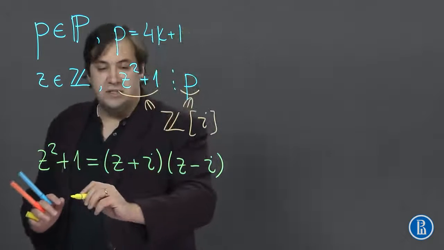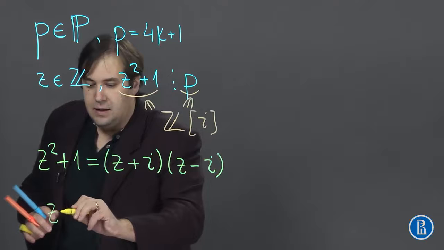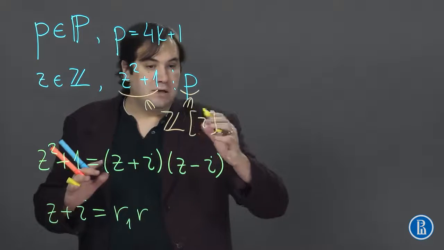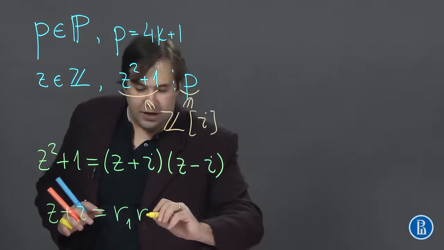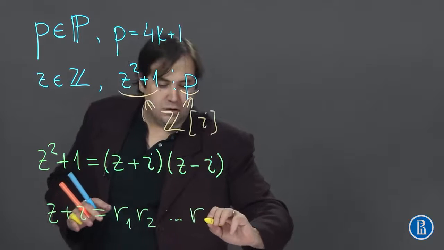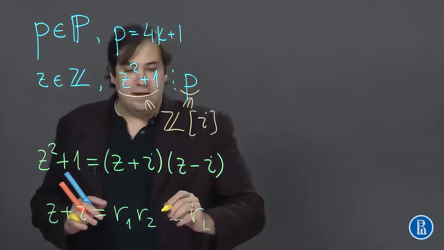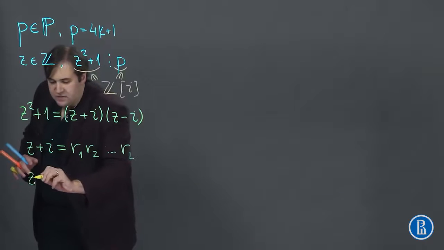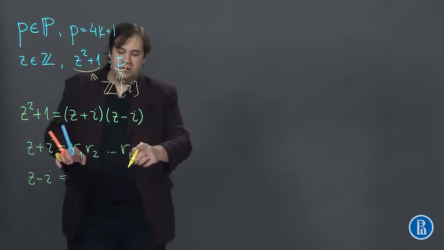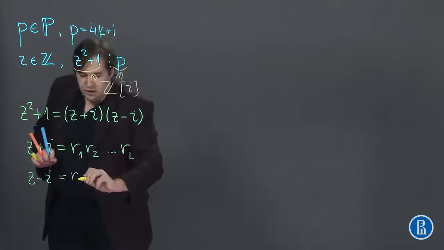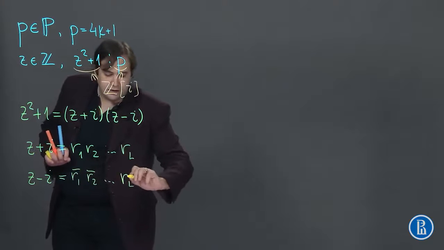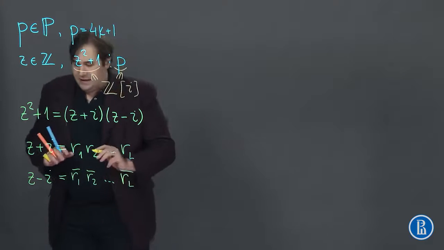So we have a prime decomposition of z plus i. It consists of some complex integer primes, r1, r2, and so on, rl. And of course, the decomposition of z minus i consists of conjugates to these primes: r1 conjugated, r2 conjugated, and so on, rl conjugated.